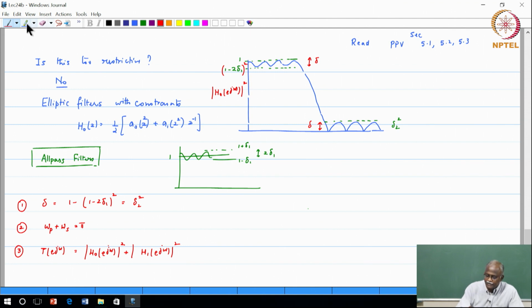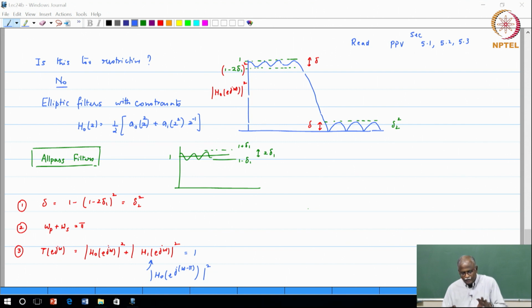Again, the QMF constraint says that this is actually |H0(e^{jω})|² plus |H0(e^{j(π−ω)})|², that is the same, and this being equal to 1. Now, under these constraints, we are guaranteed that the polyphase decomposition of this elliptic filter will result in all pass functions. There is a fair amount of theory to prove that.